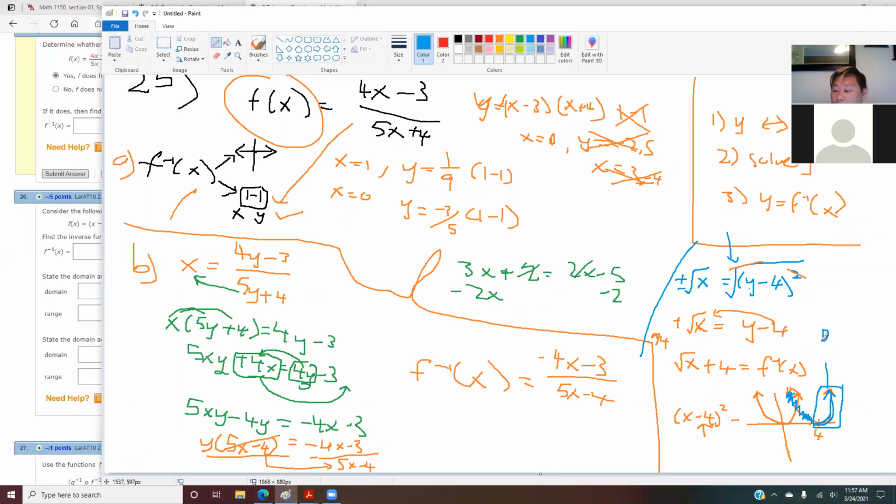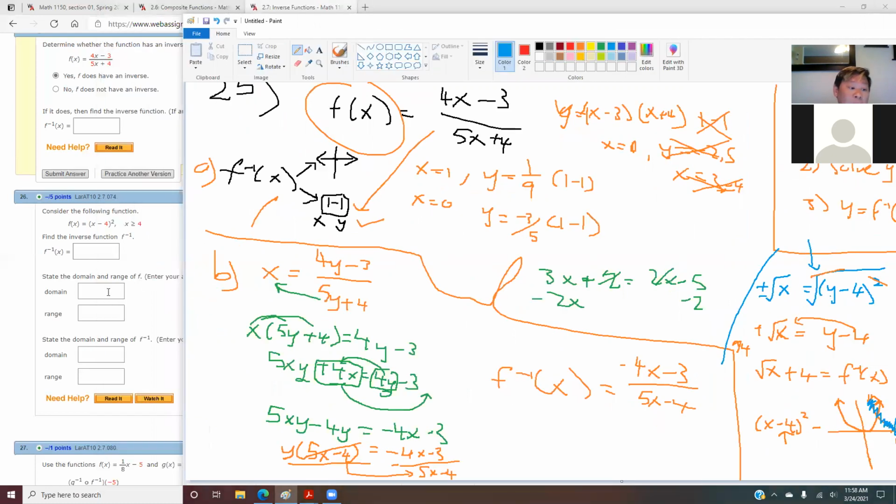Bracket 4 to infinity. Yep, following the domain restriction. And what is your range in this case? Would it be bracket 0 to infinity? Yep. So this is how you do your domain and range.